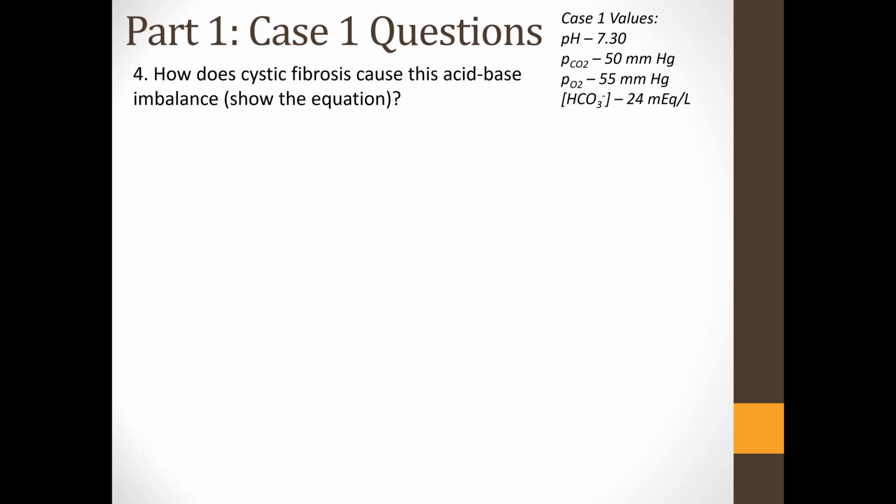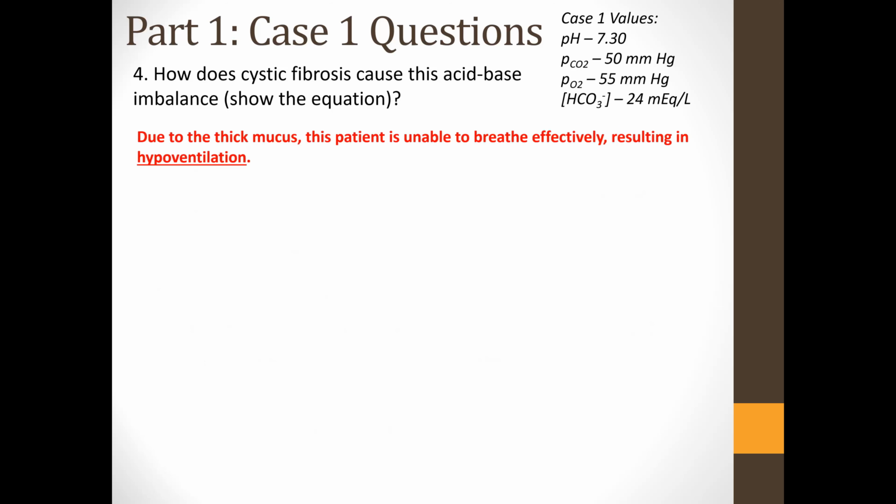So number 4, how does cystic fibrosis cause this acid-base imbalance, and show the equation. Due to the thick mucus in the airways, this patient is unable to breathe effectively, which is resulting in hypoventilation. As mentioned earlier, this is also showing up in her reduced oxygen levels.